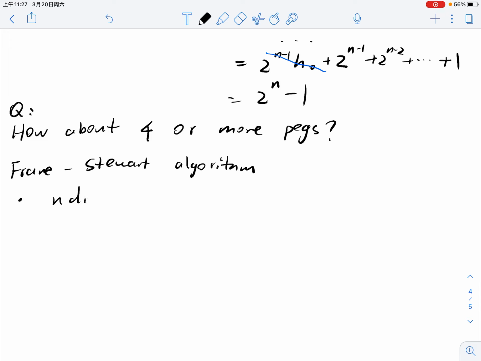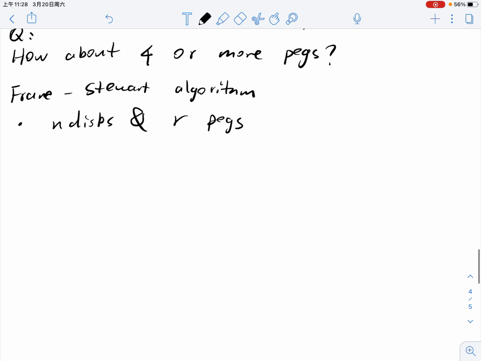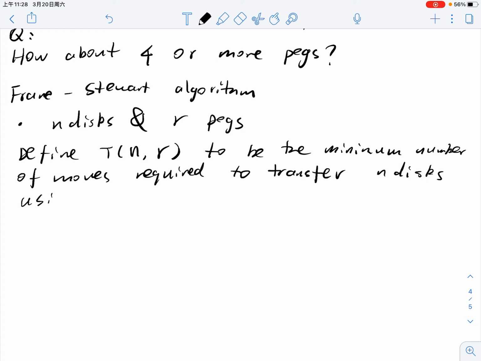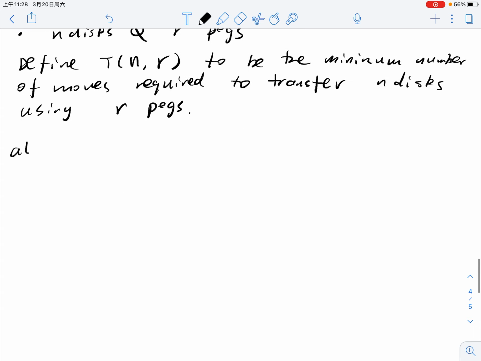Suppose you have n disks and r pegs, and define T(n,r) to be the minimum number of moves required to transfer n disks using r pegs. And the algorithm goes as follows.